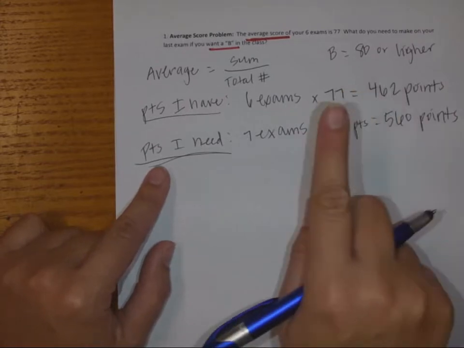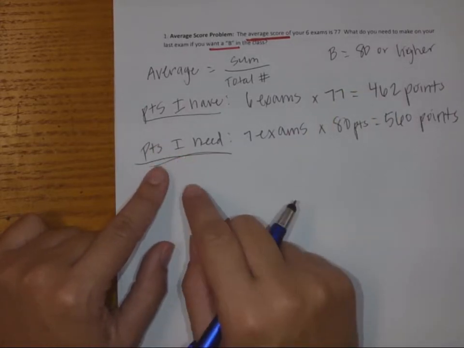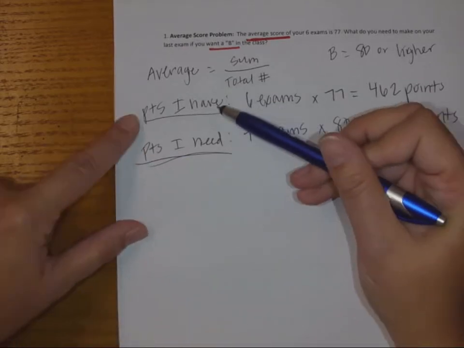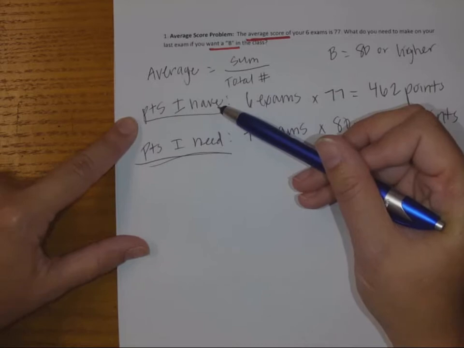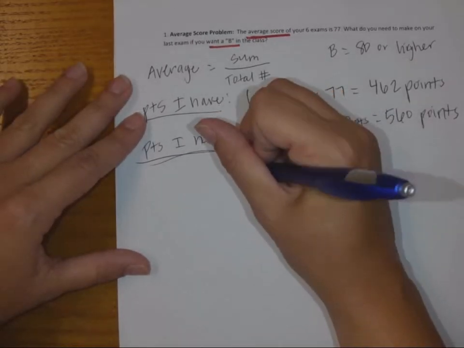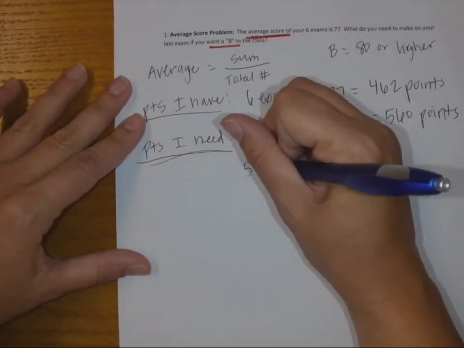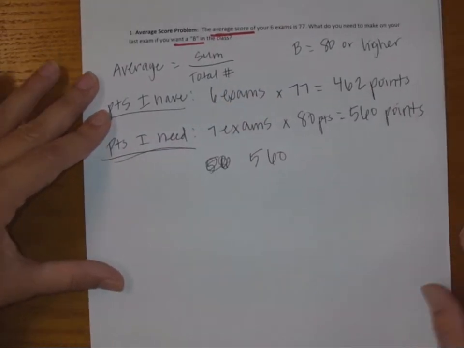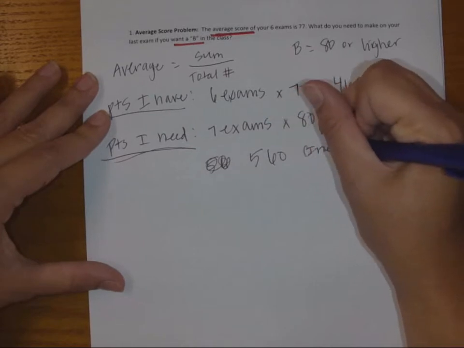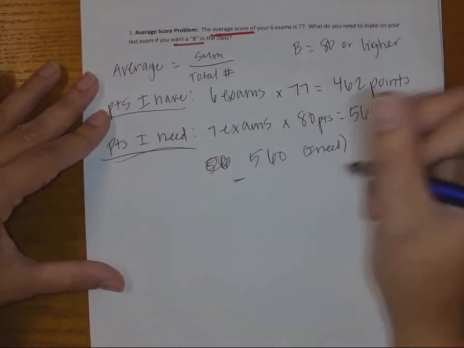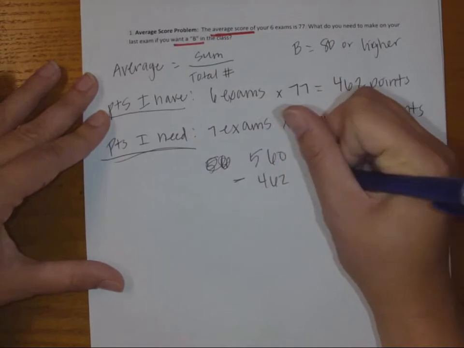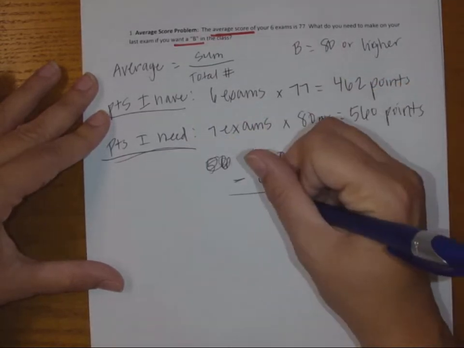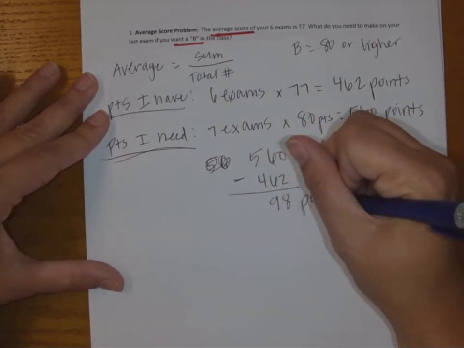To figure out what I need to make on that last exam, I'm going to do the points I need subtracted by the points that I have. So 560 points is what I need, take away what I have, 462 points, gives me 98 points.